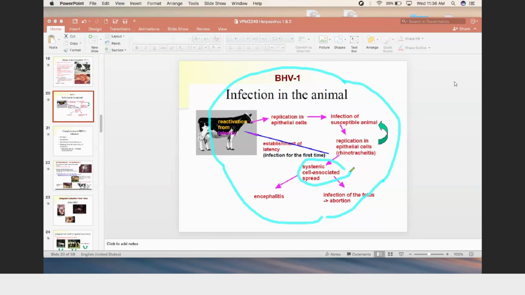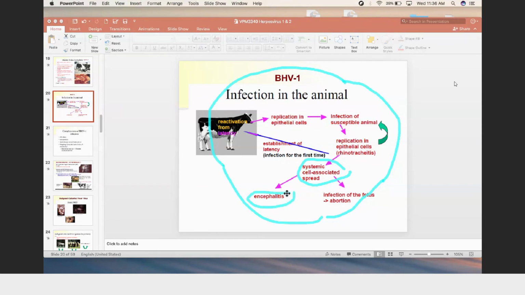Meaning that it is inside the cell, and the cell goes everywhere carrying the virus. That's why I call it cell-associated, not cell-free. It is not virus particles going independently from cells everywhere in the body, infecting organs and causing problems to those organs. So it can cause encephalitis.